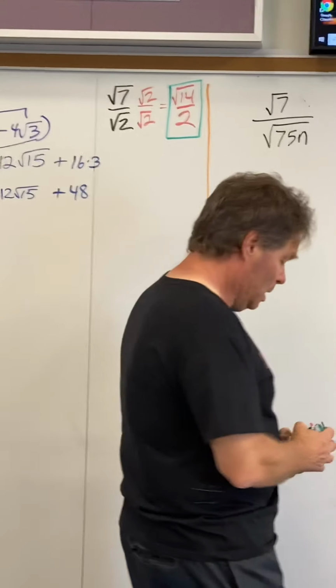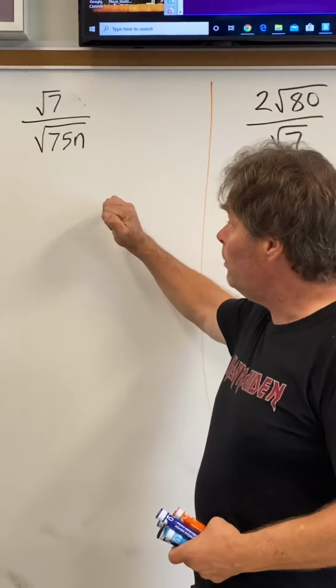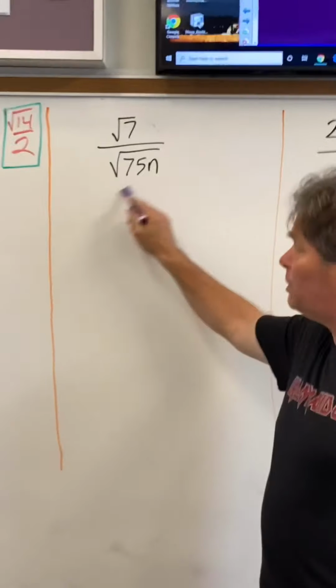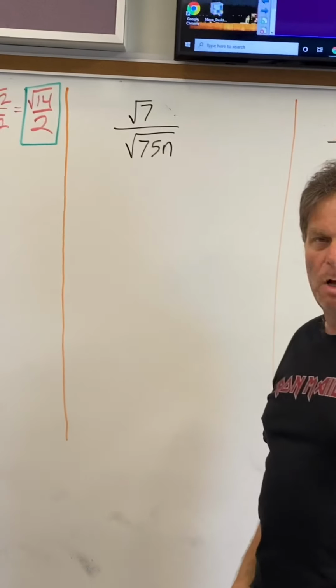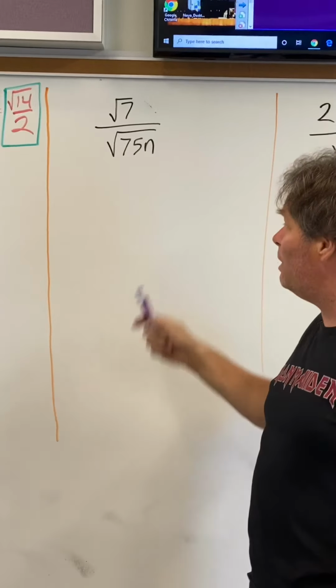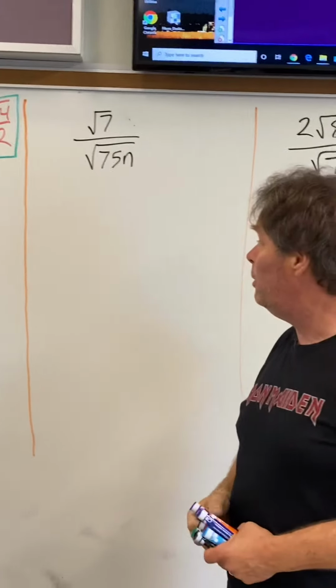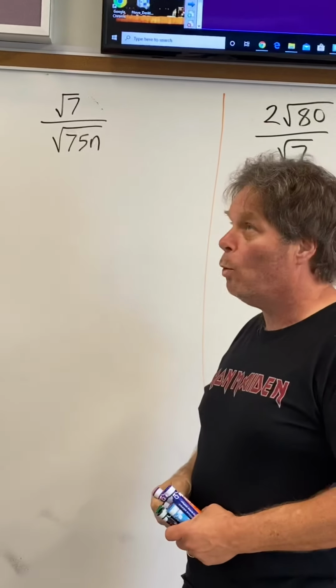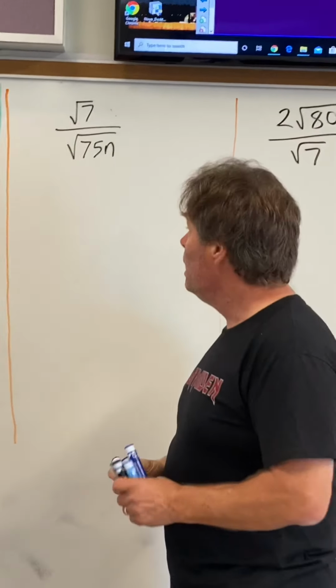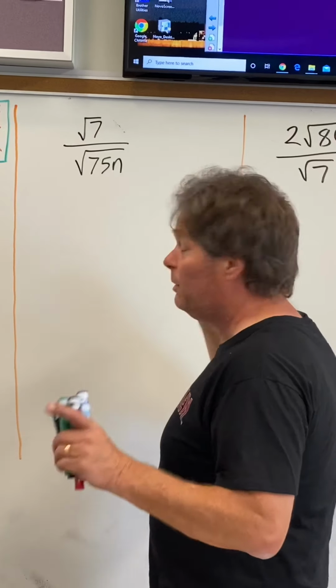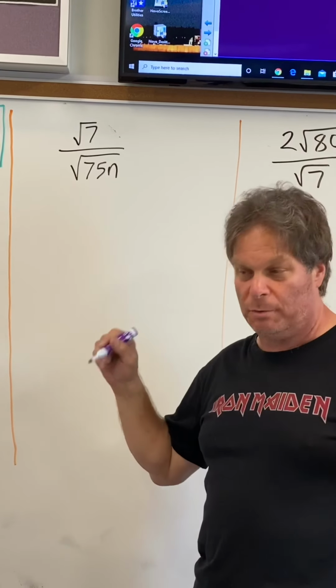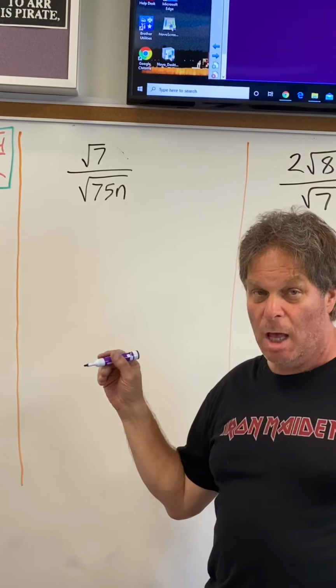Okay. Similar idea here. Now, I could say, wait a minute, I don't want square root 75 in the bottom. I don't want square root 75 in the denominator. So I could do it by multiplying. I'm not going to do this. So if you're taking notes, which is not a bad idea, do not write this down.